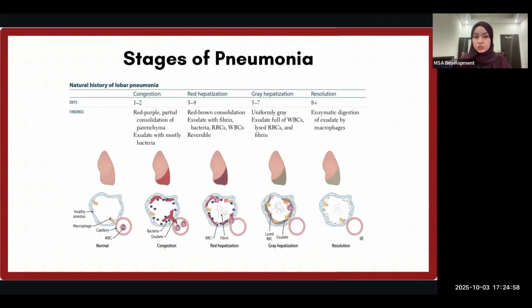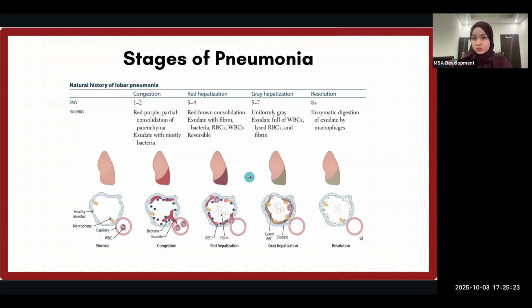So you get congestion in the first 2 days, and then you get red blood cells coming in along with white blood cells and more exudate, fibrin. This causes red hepatization, and then you get gray hepatization where the macrophages start to die, and then you get resolution where the dead macrophages get removed.